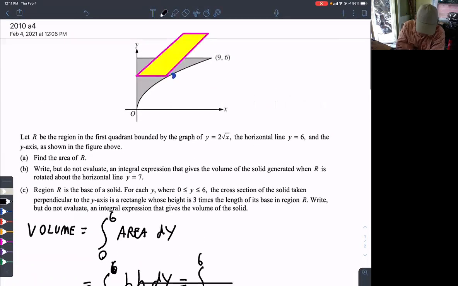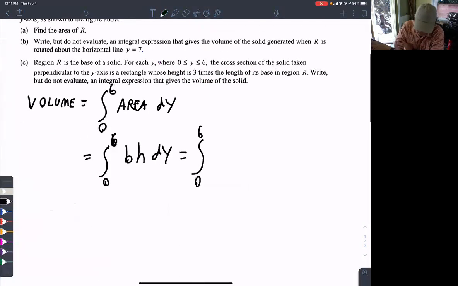Well, if my base is down here and we call it b for base, we're told the height is 3 times the base. So the height here would be 3b. So going to here, I would have b times 3b dy.